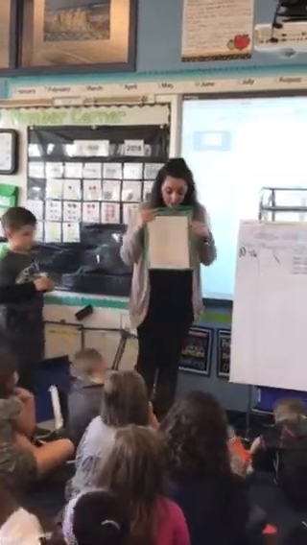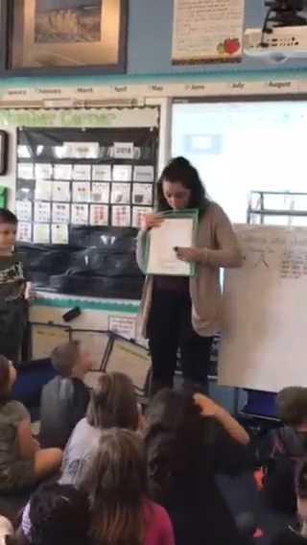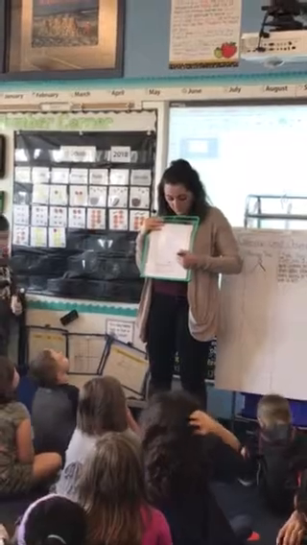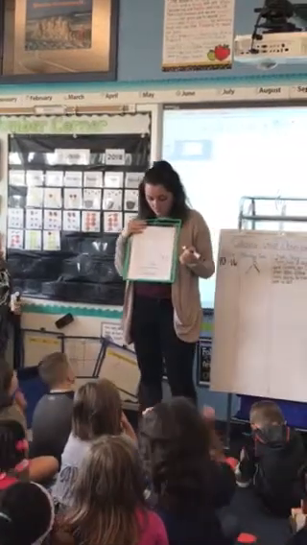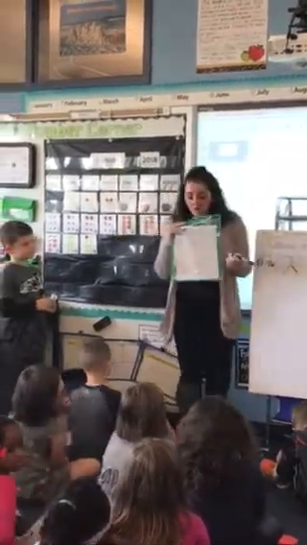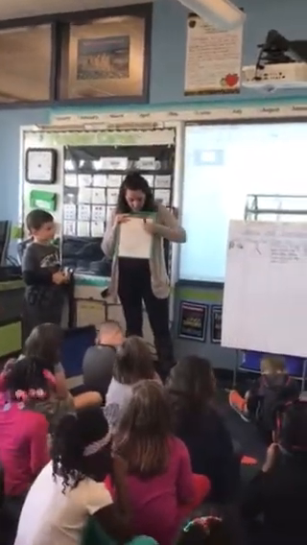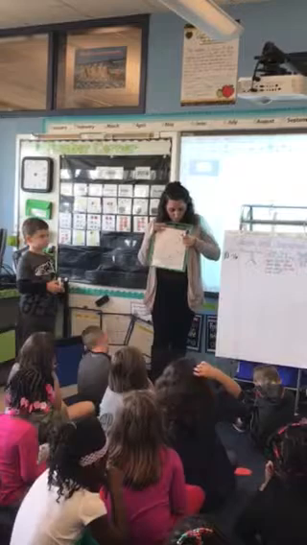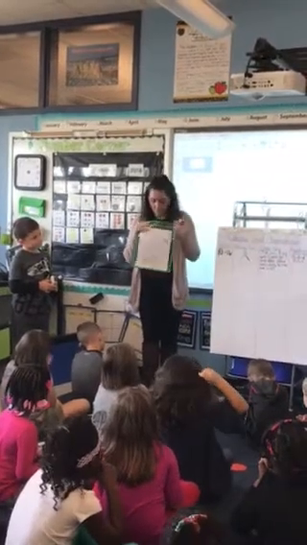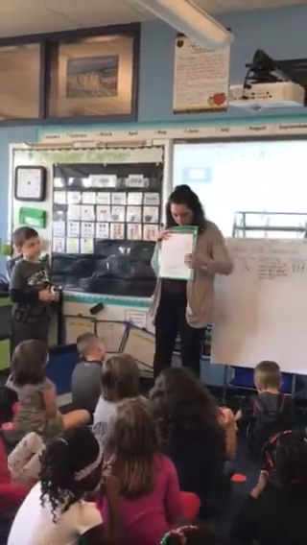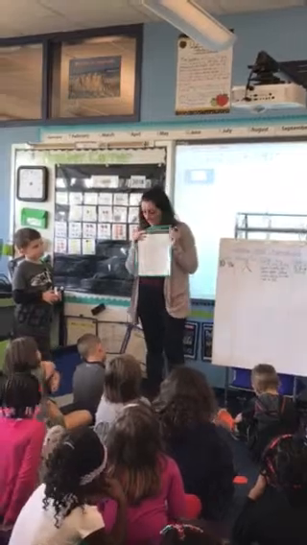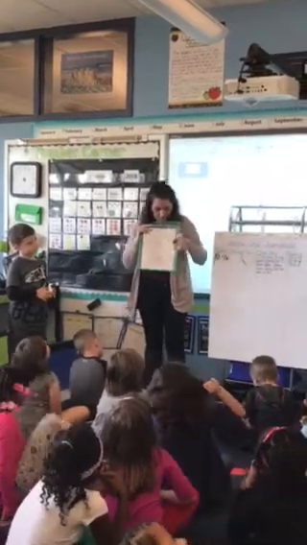So Evan said that he knew 2 plus 1 equals 3. Did I write that right? Yeah. He knew that 2 plus 1 is 3. Then he said 3 plus 1 equals 4. So we have 3 and 4. And guess what he did after that? He just added these two numbers together.